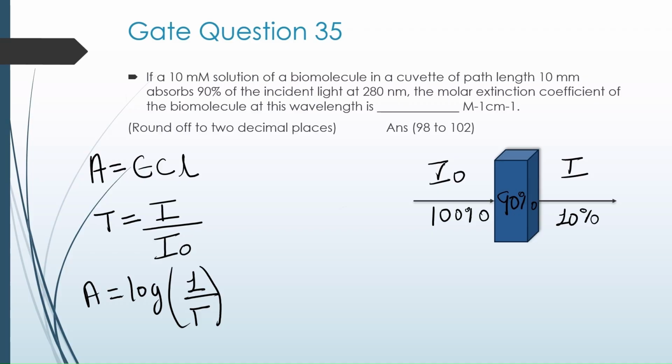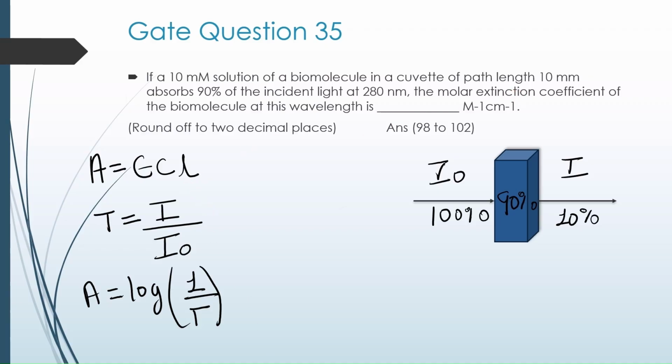Before finding transmittance, I wanted to tell you that here the concentration is given in millimolar and path length is given in 10 millimeter. We have to convert. To solve this Beer Lambert's law equation, concentration should be in the molar unit and optical path length should be in the centimeter unit.